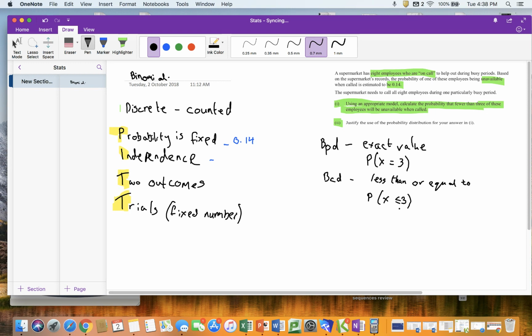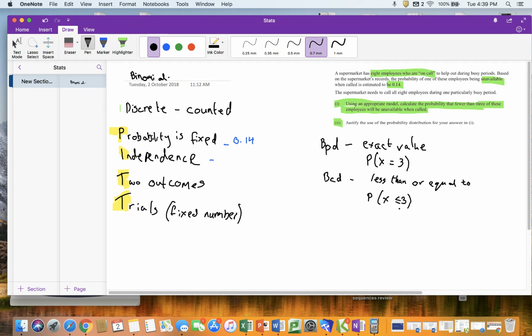The problem comes if imagine it was less than, but not including 3, or more than 3. My problem with the BCD function is it has to be a less than or equal to.